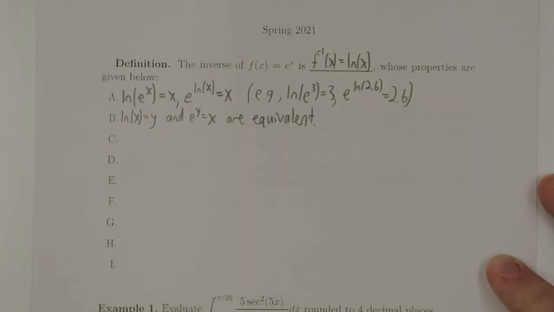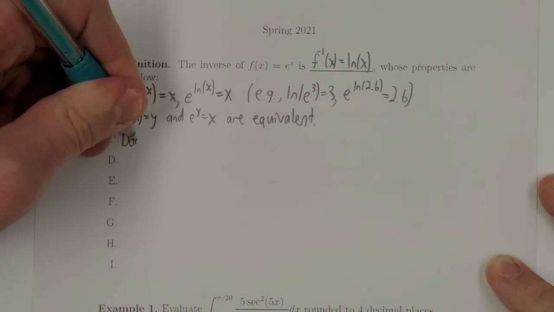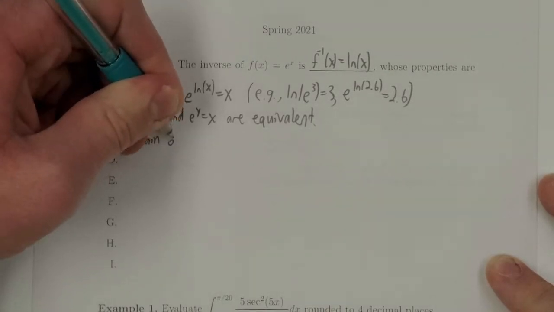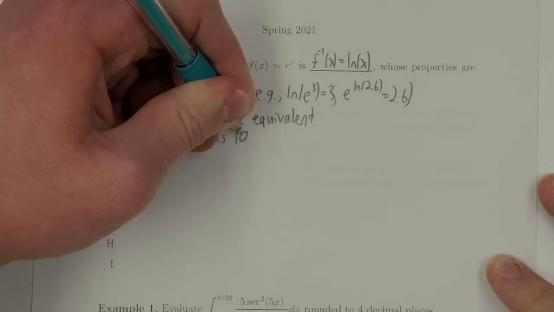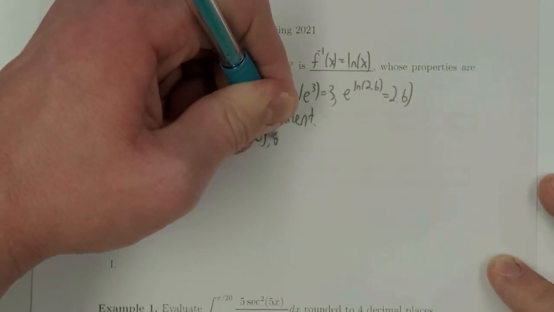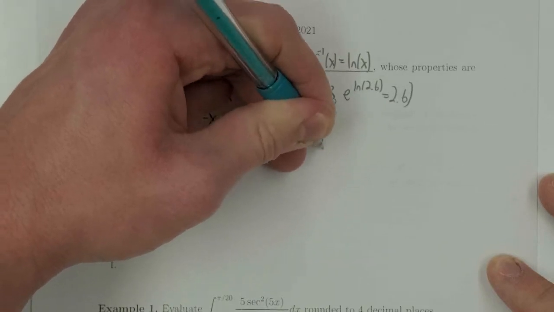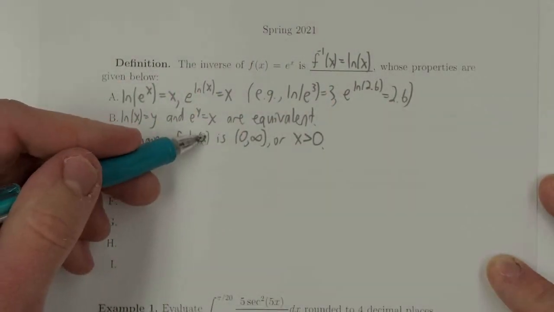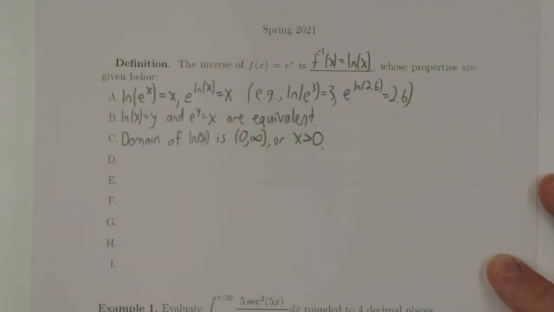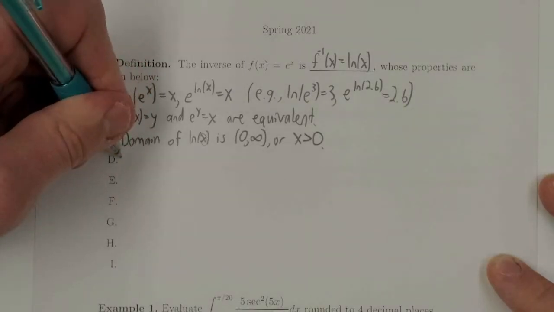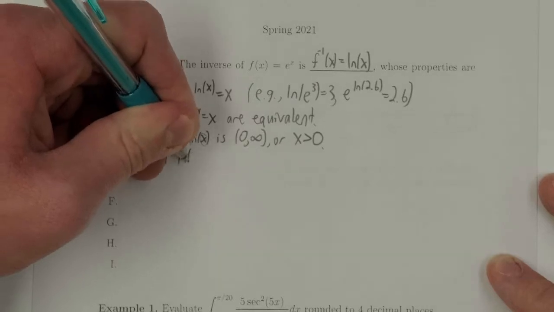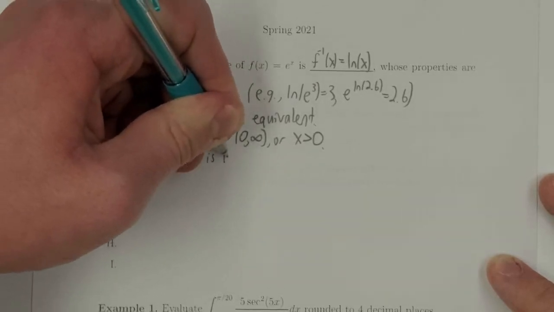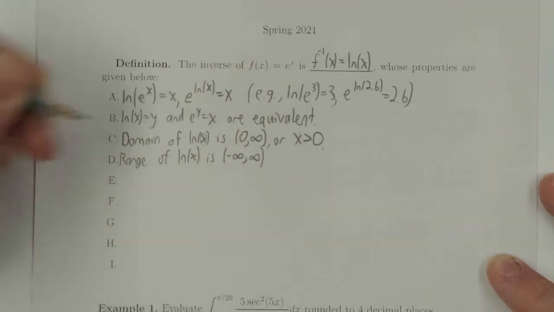The C property is domain of the natural log of x is 0 to infinity, or x is greater than 0. So whatever's in here has to be positive, basically. And the range of natural log of x is negative to positive infinity.